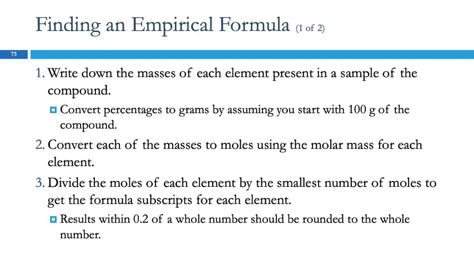So if you come up with a ratio that's 1.91, well, that's only 0.09 away from 2. You could round that up to 2. Or if you had 1.80, that's kind of right on the line. Or 2.20, you could round that to 2. But if you have 2.25, you can't round that to 2.